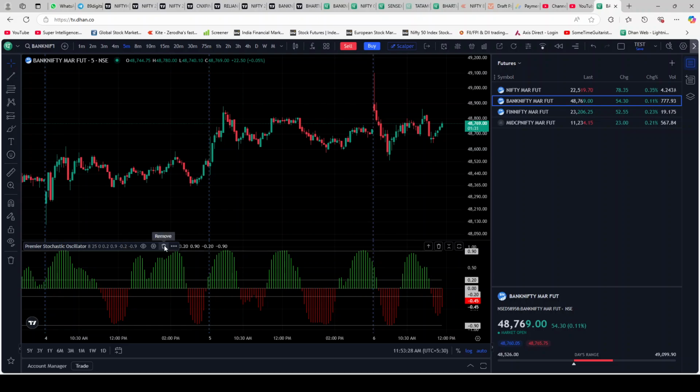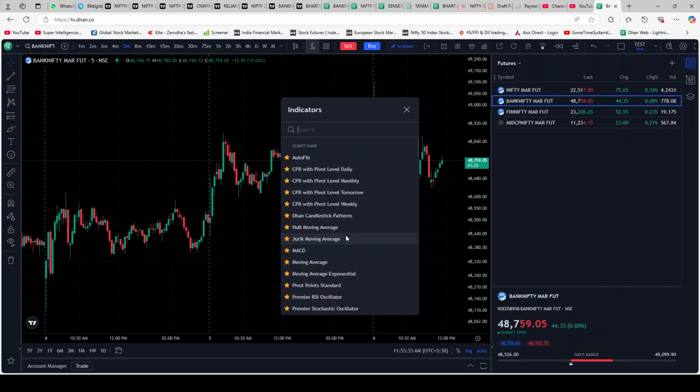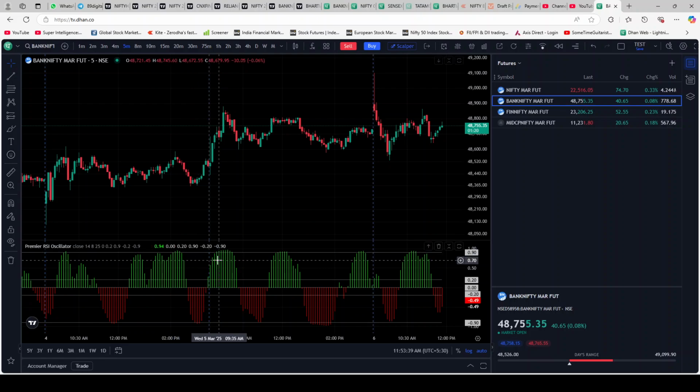I'll leave the name of the indicators in the comment section. And the last and the fourth indicator they have introduced is Premier RSI Oscillator. Again, on very similar lines, close to the last 2 indicators that we checked. It will show you green when the chart is moving up, and it will shift to red when the chart is indicating a down kind of a phase.